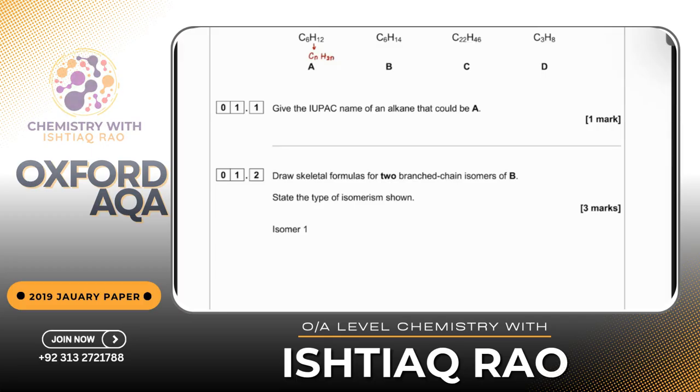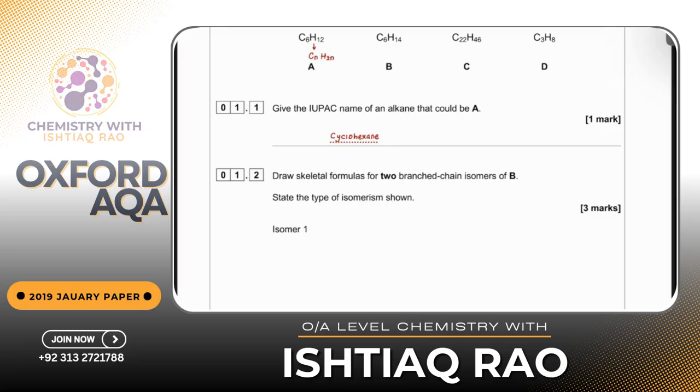So I can say cyclohexane. And if you are not writing cyclohexane, then you are supposed to write any of the alkenes, whether branched structure or straight chain structure, but it should follow the formula CnH2n. This is of 1 mark.